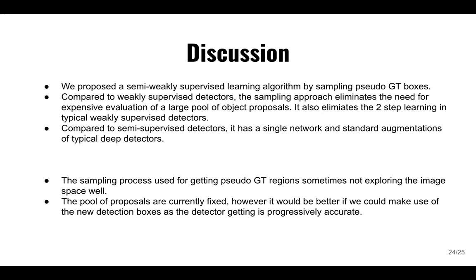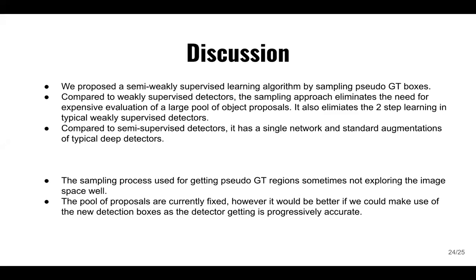We also saw some of the limitations of our method regarding exploration, getting stuck at some dominant regions and things like that. Right now what we use is a fixed set of proposals.